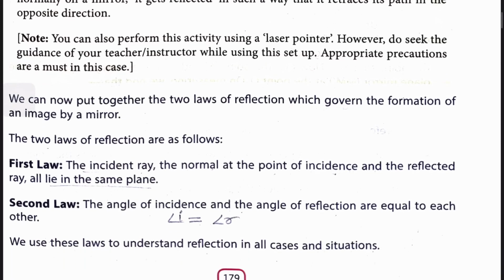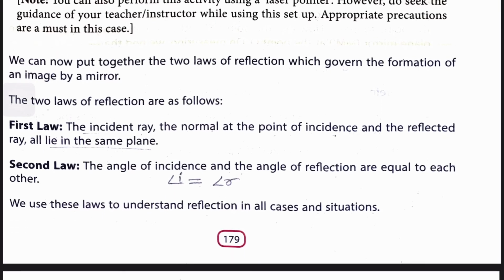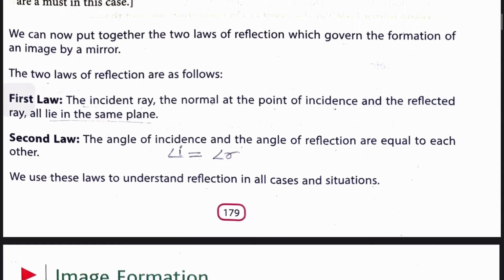We can now put together the two laws of reflection which govern the formation of an image by a mirror. The two laws of reflection are as follows. First law, the incident ray, the normal at the point of incidence, and the reflected ray all lie in the same plane.